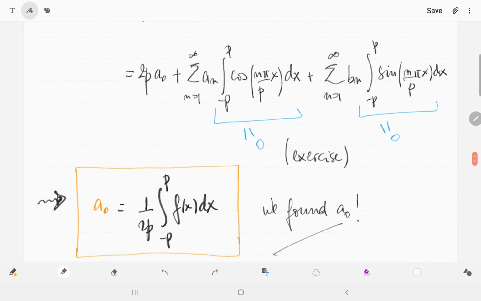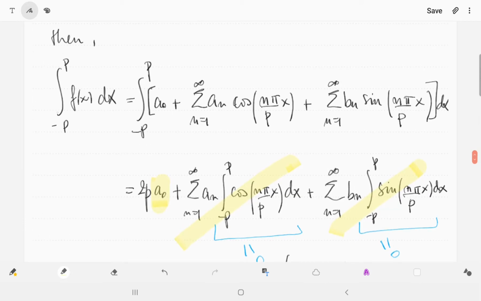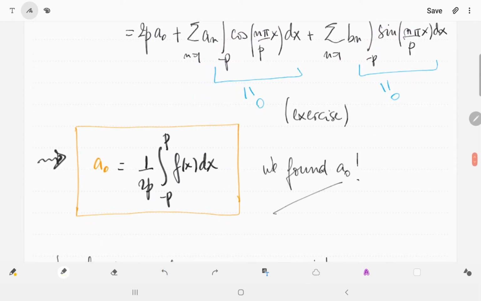Since these terms are gone, we find exactly the expression for a0. a0 is just the integral of f from minus p to p over 2p, which is what we have here. So we find the expression for a0, the first coefficient of f.